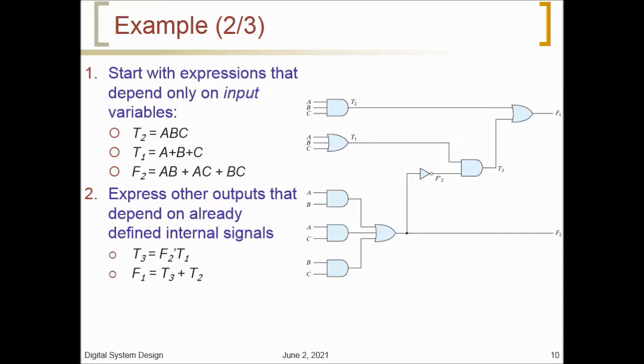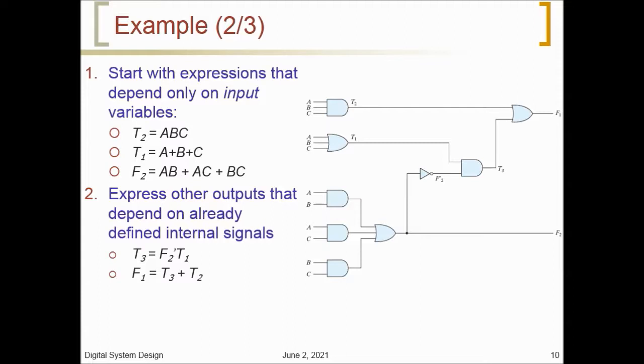The Boolean functions for these three outputs are as follows: first of all, F2 is equal to AB plus AC plus BC. T1 is equal to A plus B plus C. T2 is equal to A, B, and C.